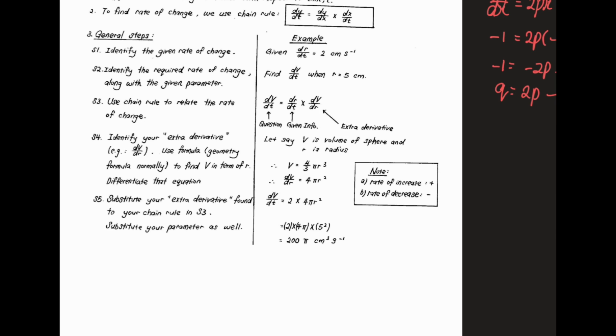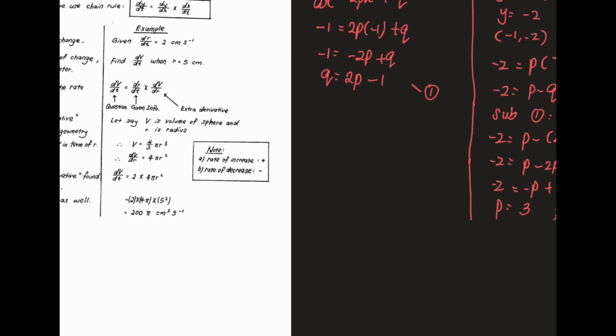Now let's see one example on rates of change. Let's look at the question on page 30, question 1 from checkpoint 8.11. The question sounds like this: a cuboid has a square base of side x.